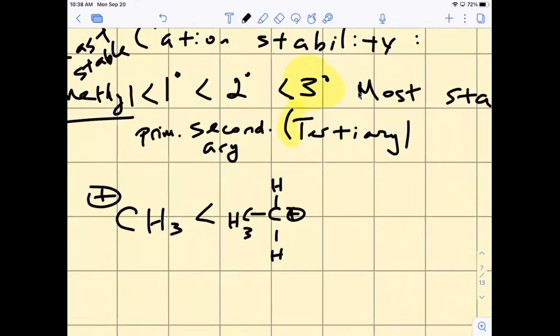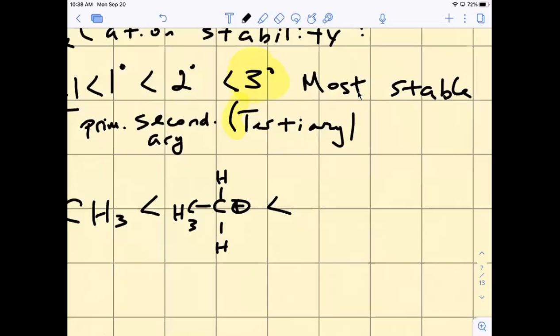So primary means that it's bonded to only one other carbon. And notice the trend. The methyl is less stable than a primary, but a primary is less stable than a secondary, which in this case, I'm just going to add another carbon. So now it's bonded to two carbons.